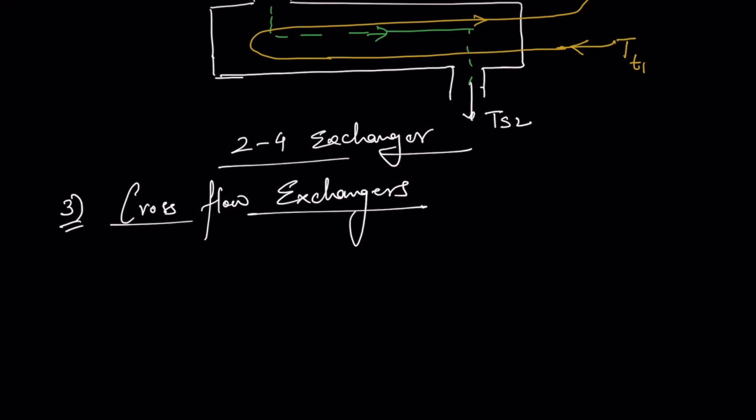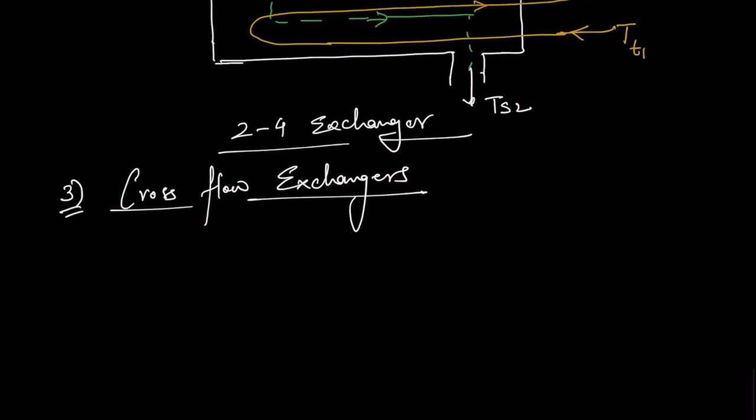In this type of exchanger, the two fluids flow at right angles to each other. If one fluid is flowing like this, then the second fluid will flow at right angle to the first one.